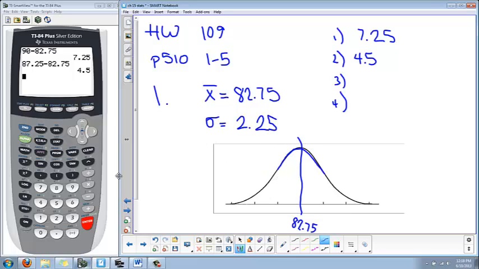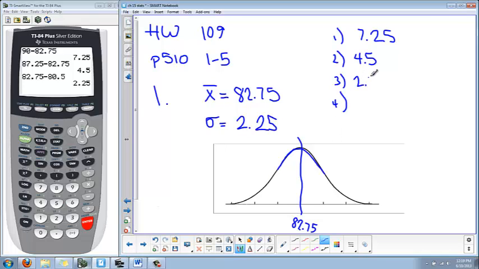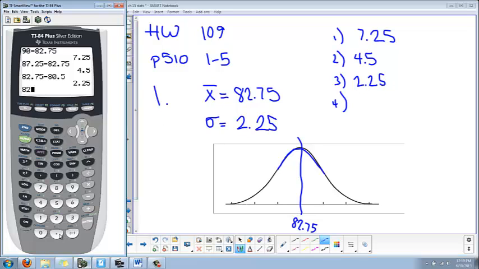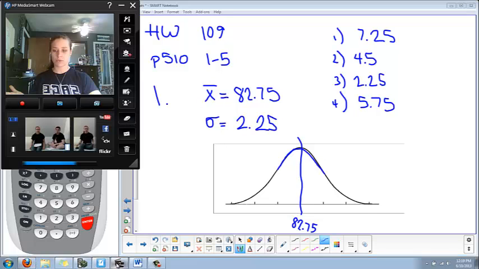Option 3 is 80.5, so 82.75 minus 80.5 is 2.25 away. So far that looks like our best option, but the last one is 77. I don't think that's going to work. 82.75 minus 77 is 5.75 away from the mean. Well, not standard deviations, that's that many points away from the mean.